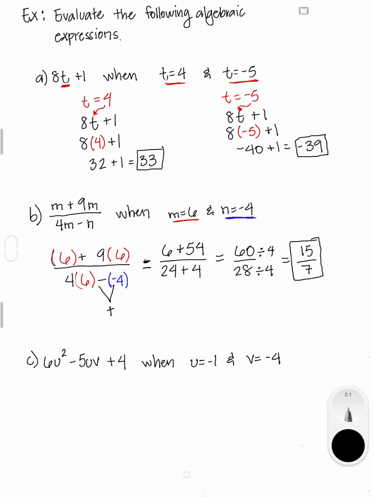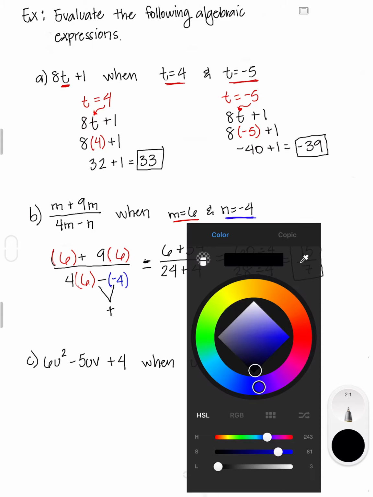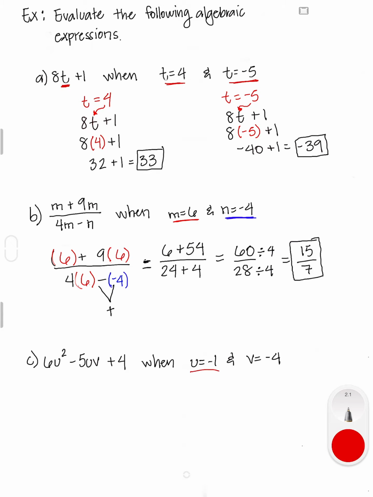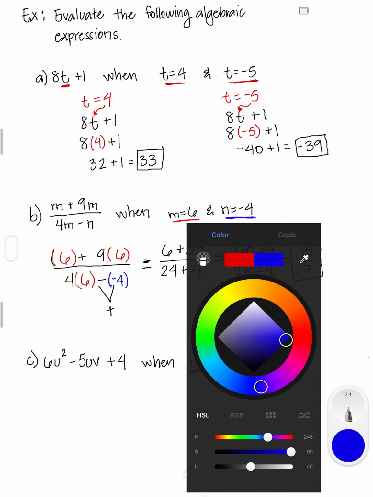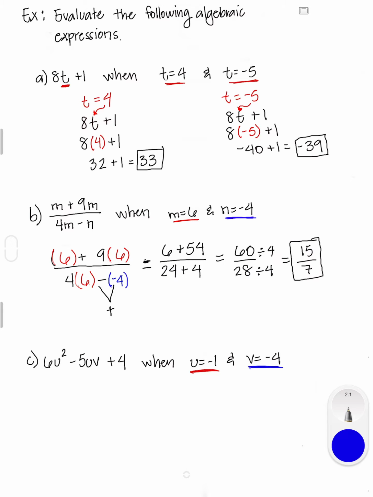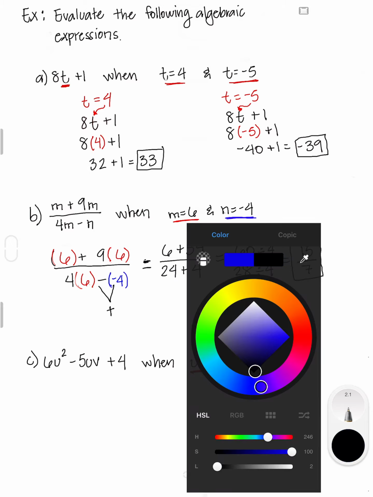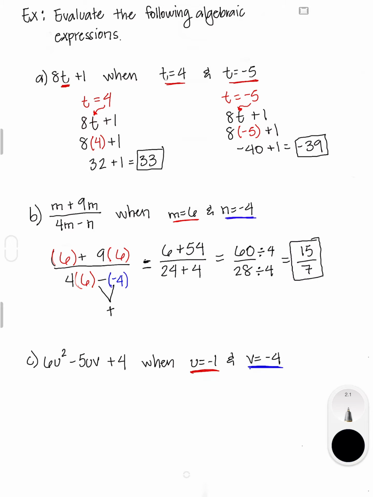Now for the last exercise, we have 6u squared minus 5uv plus 4. And this one's really similar to the previous one, where u will be -1 and v will be -4. So we're going to rewrite our expression: 6 times u squared minus 5uv plus 4.